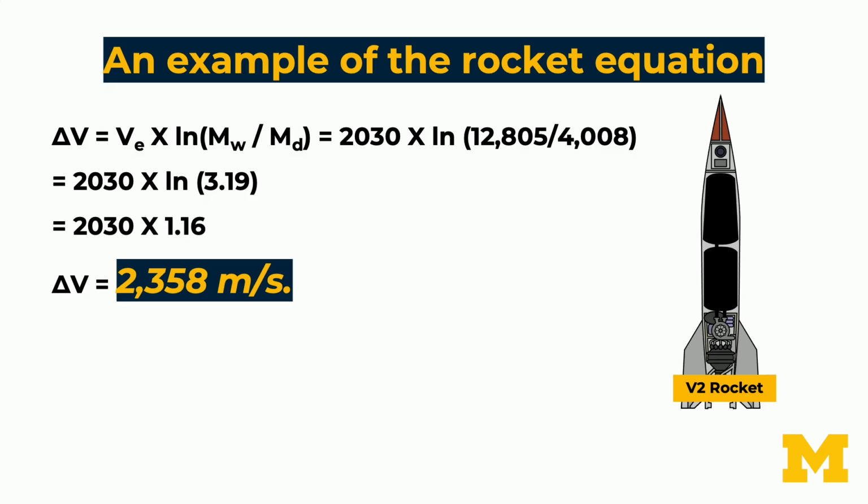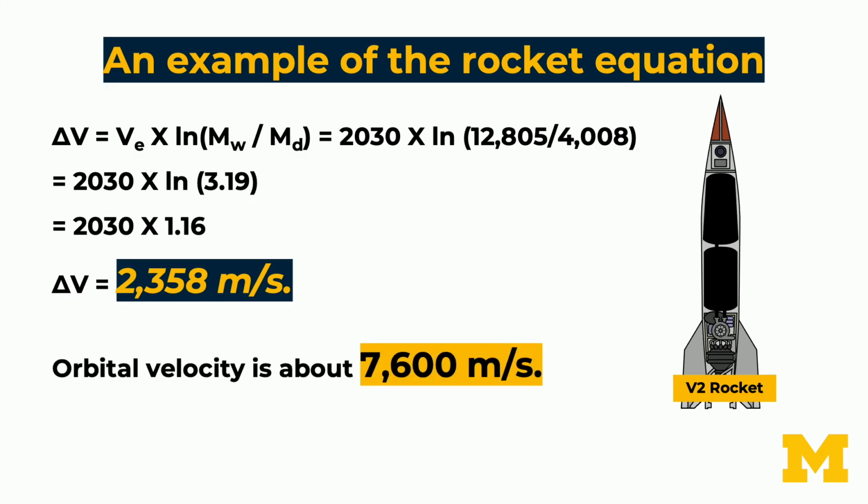2,358 meters per second. All right, so the V2 rocket can go from 0 to 2,358 meters per second. Well, orbital velocity, as we talked about just a few slides ago, is about 7,600 meters per second. And 2,358 meters per second is significantly smaller than 7,600 meters per second.